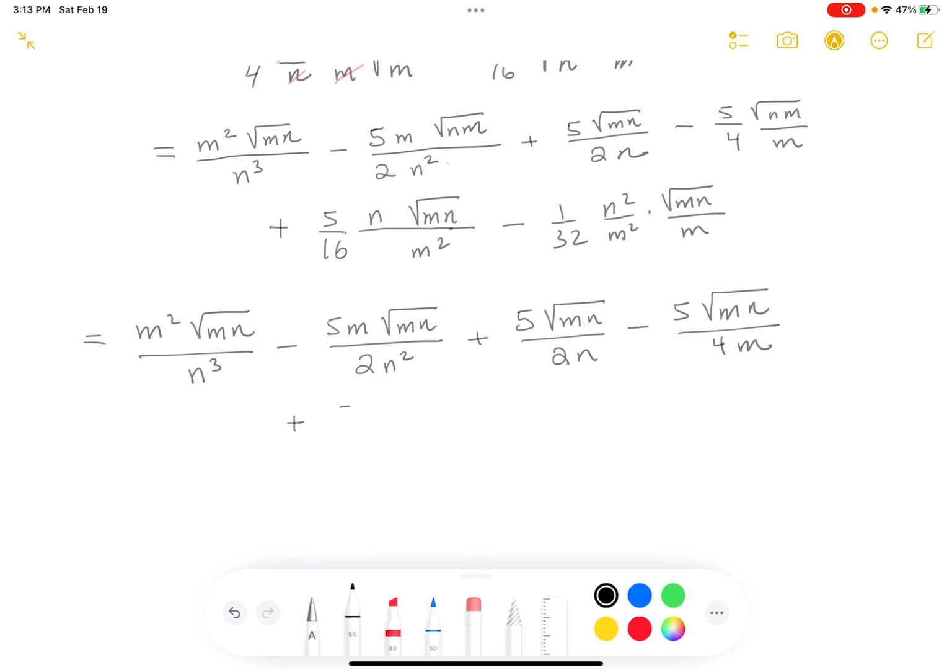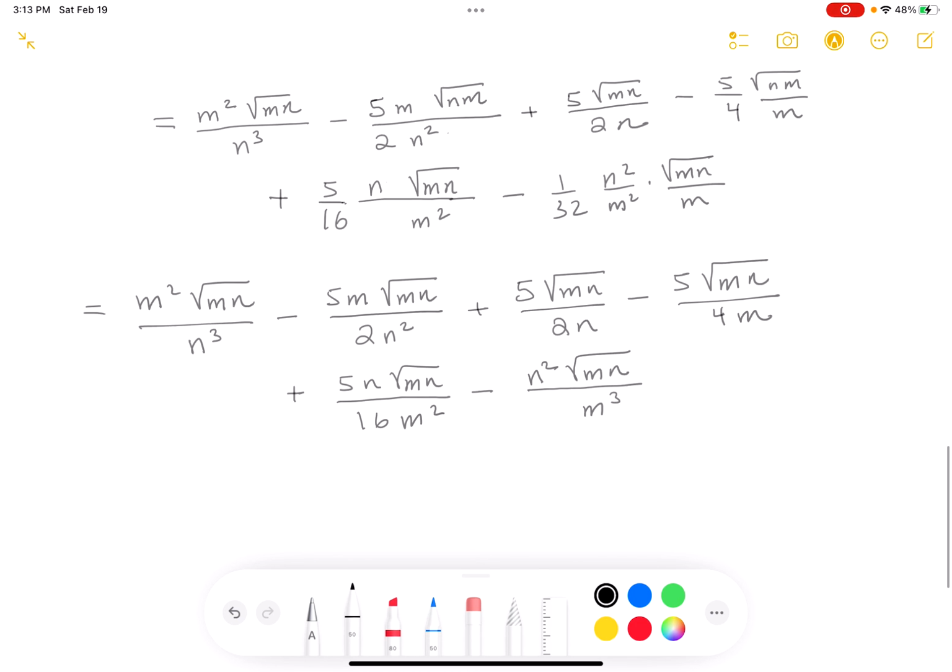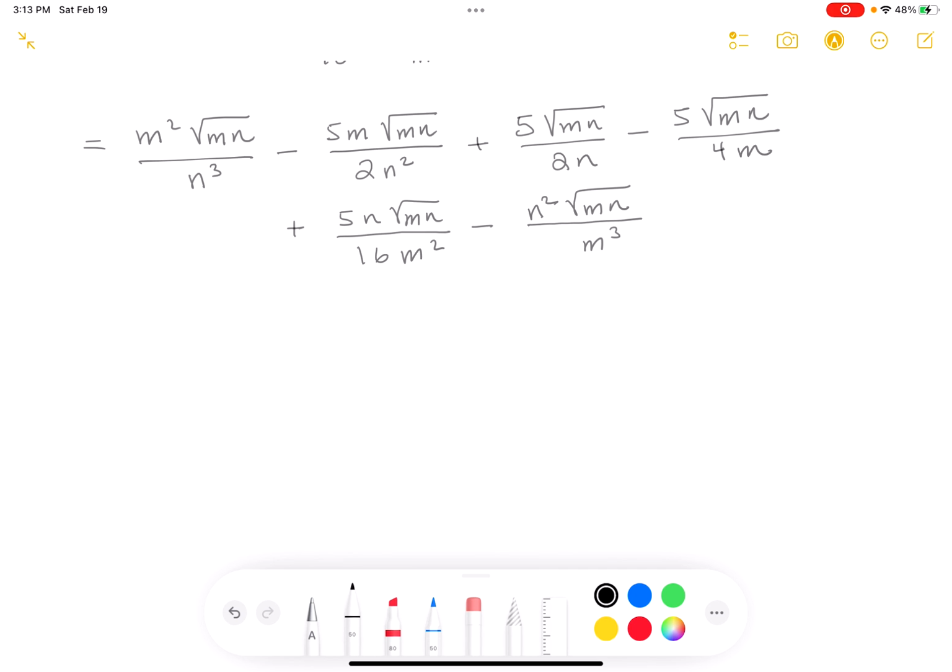Plus 5n root mn over 16m squared, minus n squared root mn over m cubed. I hate to do it to you. I'm going to go further. All right, and I'm going to factor out a root mn, and then what do you get?